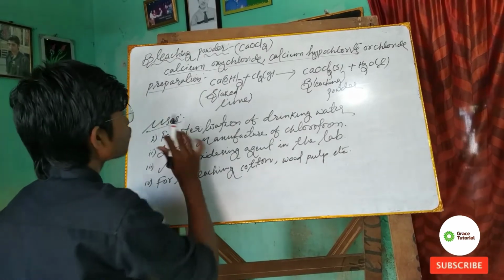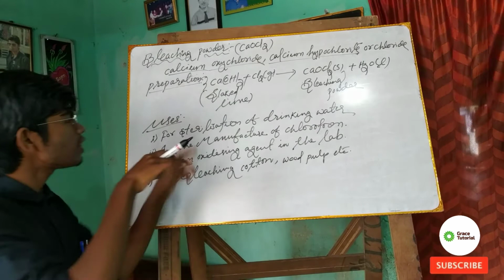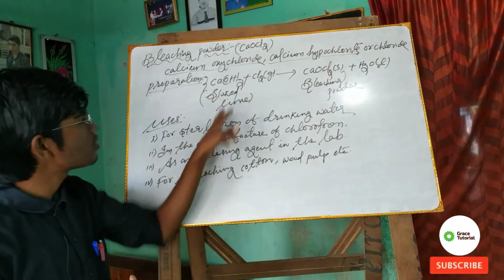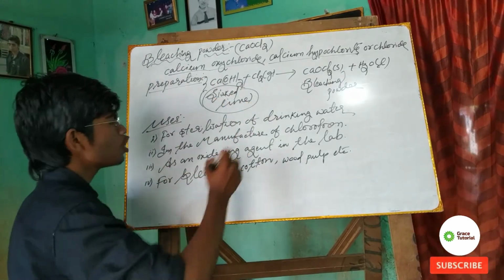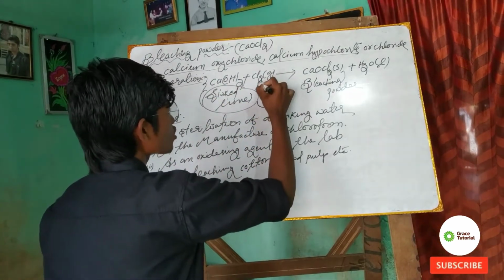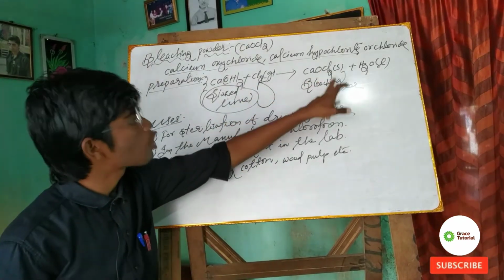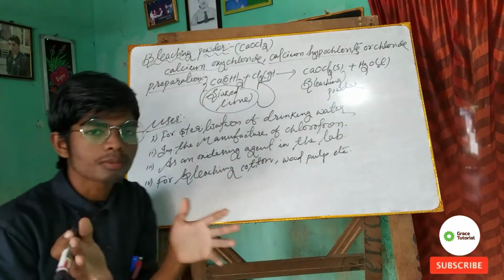If you look at the preparation, calcium hydroxide, Ca(OH)2, is known as slaked lime. When calcium hydroxide reacts with chlorine gas, we get calcium oxychloride, which is basically bleaching powder, with the liberation of water.